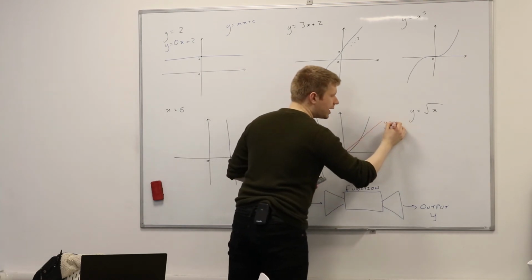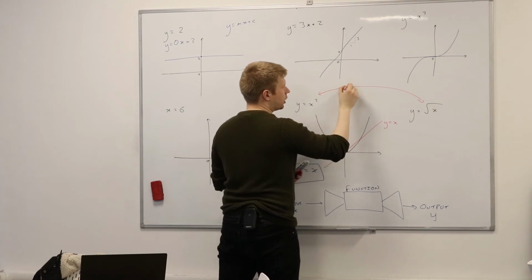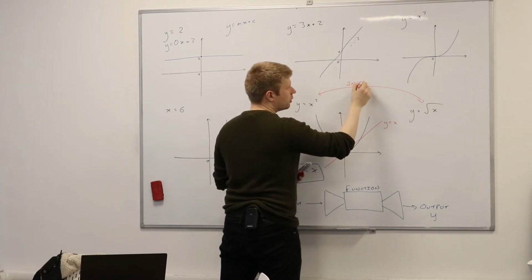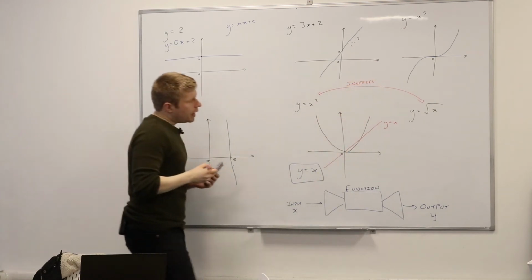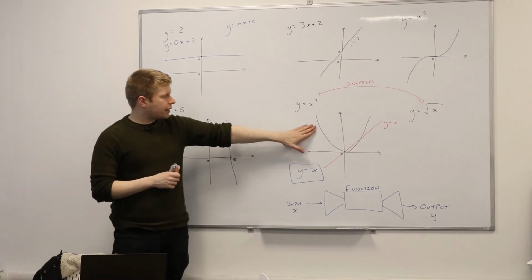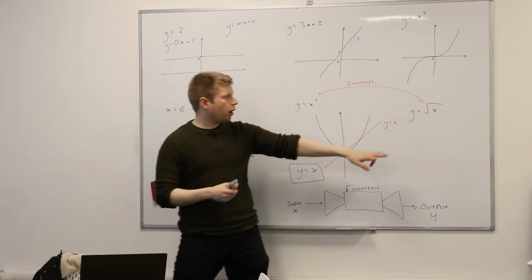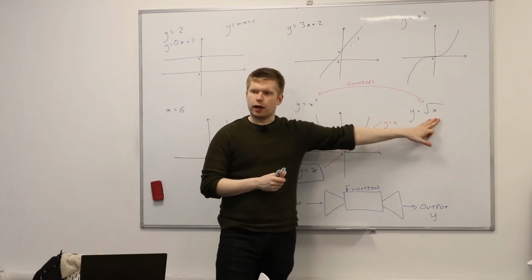So what I'm saying is because these two things are inverses of each other, in other words, they undo each other, it should just be a reflection in the line y equals x. So if I reflect y equals x squared in the line y equals x, that should give me the graph y equals the square root of x.